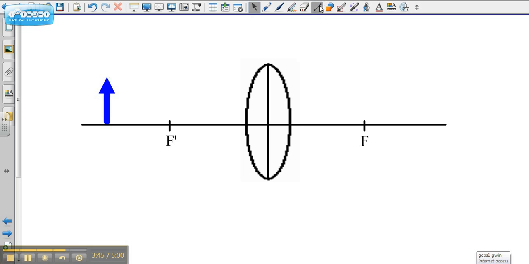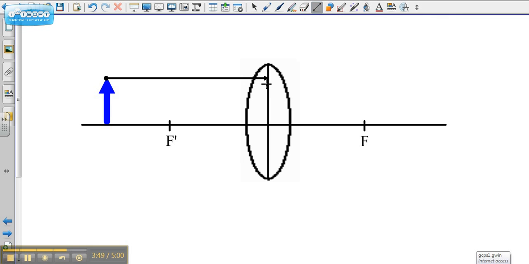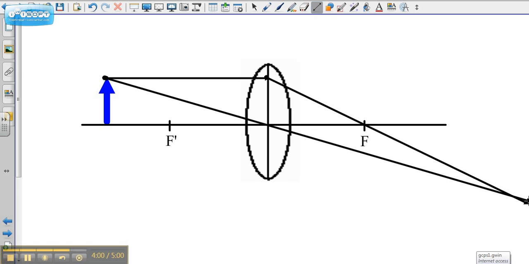Step 1, top of the arrow parallel to the lens, and then we refract through the focal point. Step 2, top of the object through the center. Notice now we're converging in the real space.